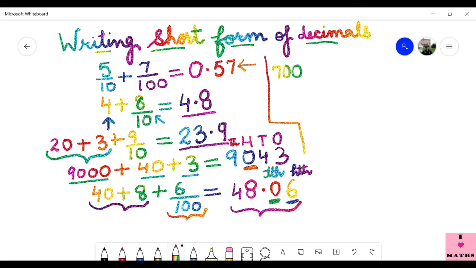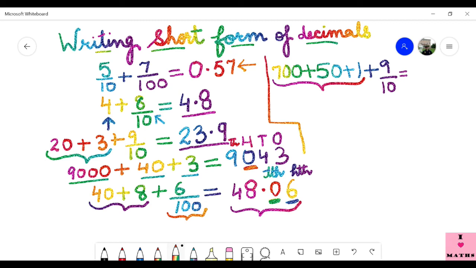Now, if we have 700 plus 50 plus 1 plus 9 upon 10. Here we have three numbers which are whole numbers, 700, 50 and 1.